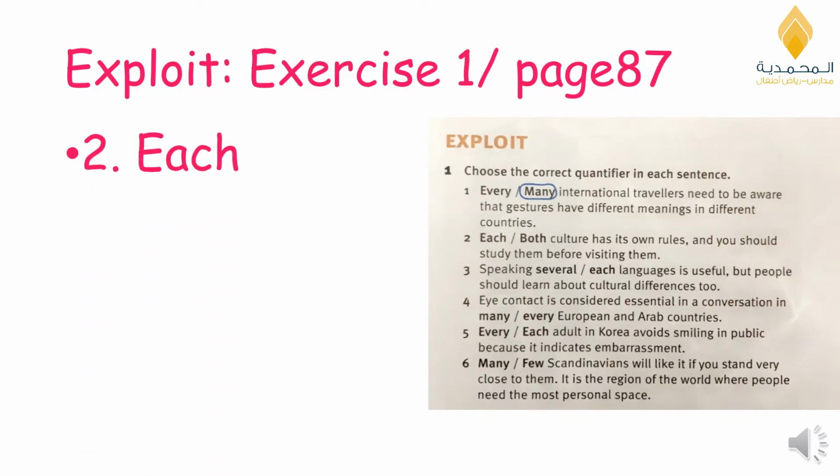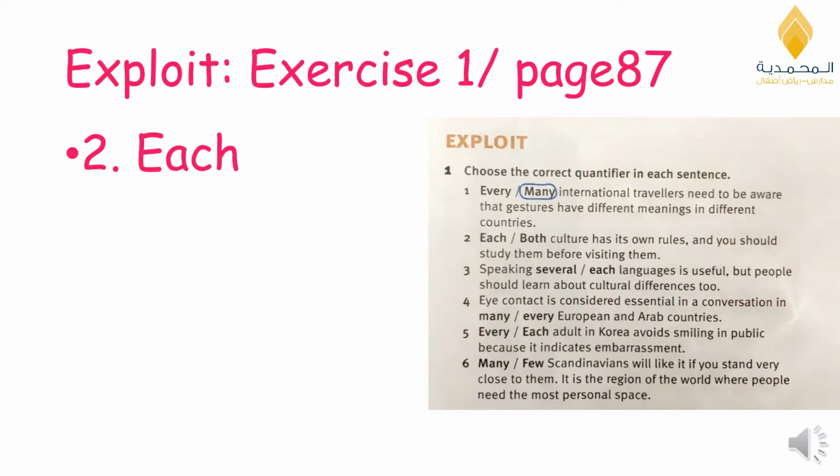Number 3, "Speaking several or each languages is useful, but people should learn about cultural differences too." When you see languages, it is plural. You have to know that you have to put several, because of the meaning of several. So we say several languages, not each.